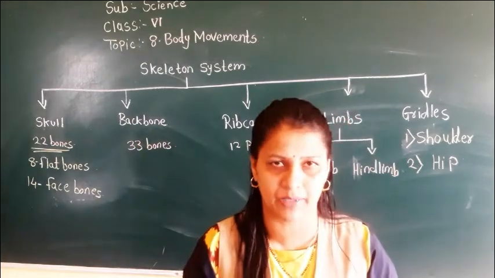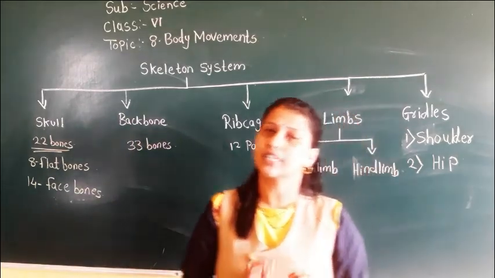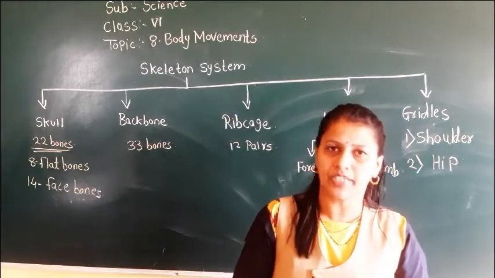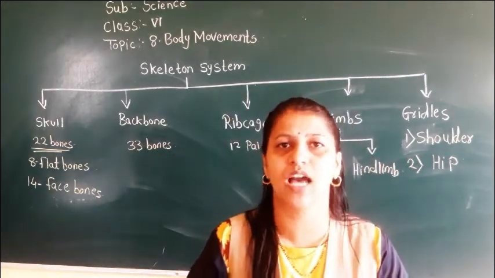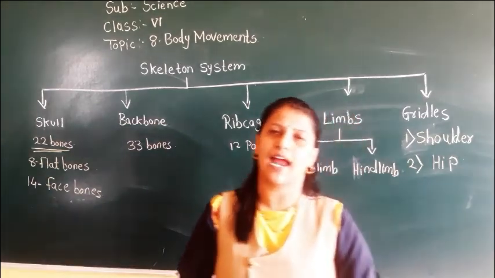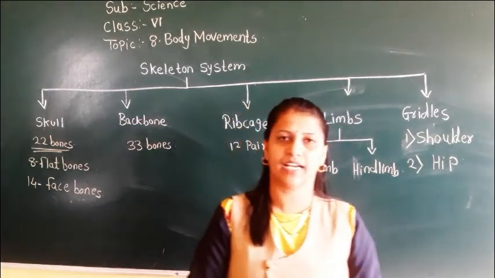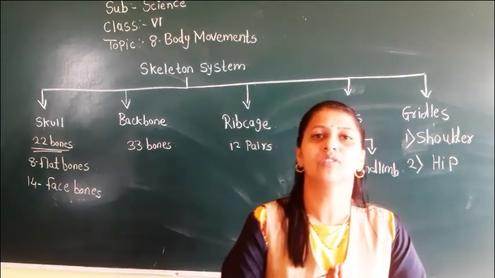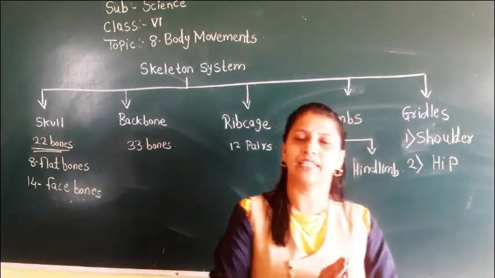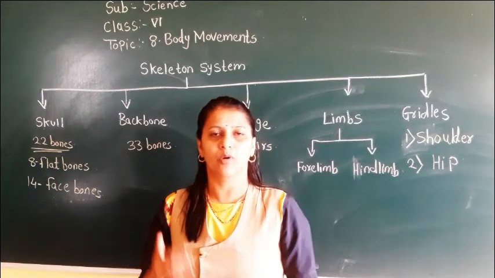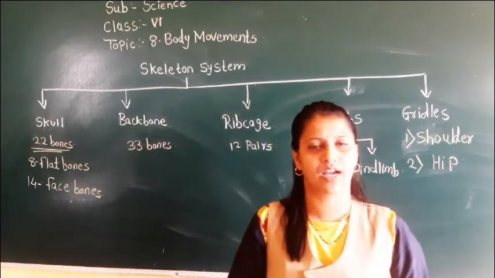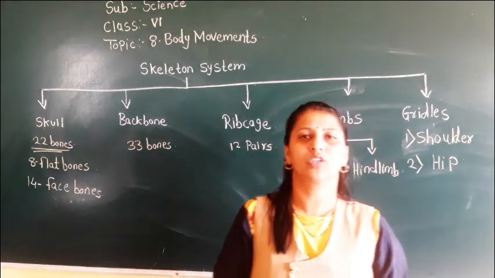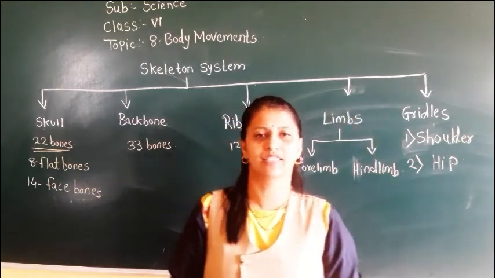These bones are joined together and converted into one bone, and in this way the bones are reduced to 206 bones. Are you getting me? So in humans there are 206 bones.